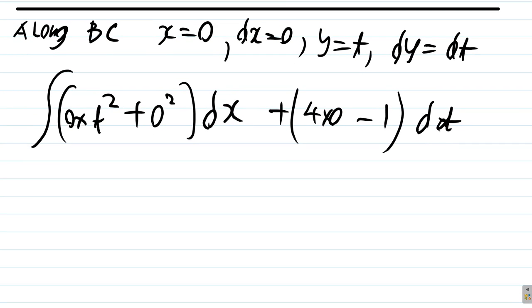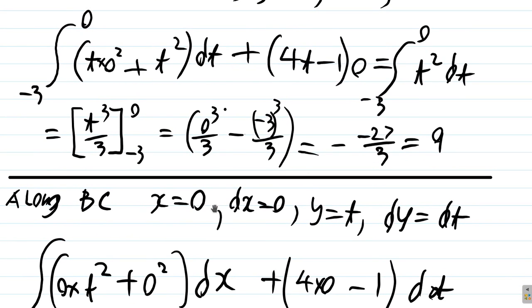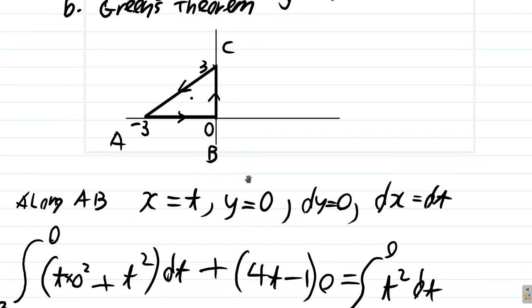So now this amounts to the borders. We're saying that y is t. But where does y move? Y moves upwards from 0 to 3. Alright? You see that?